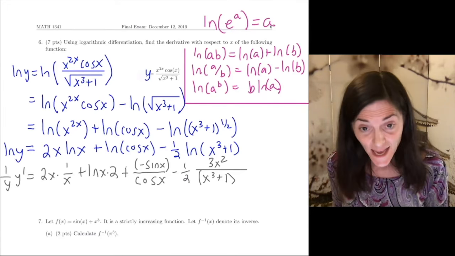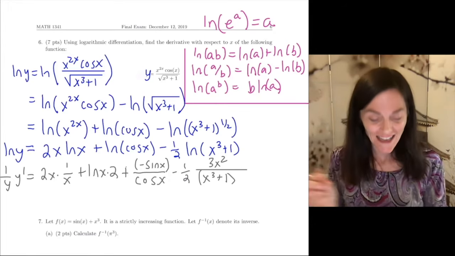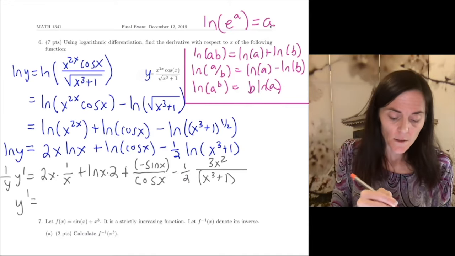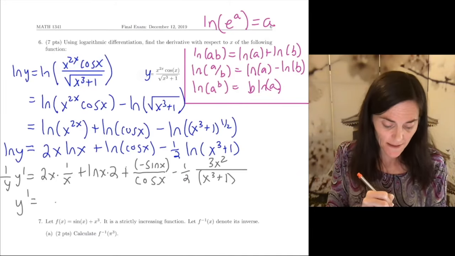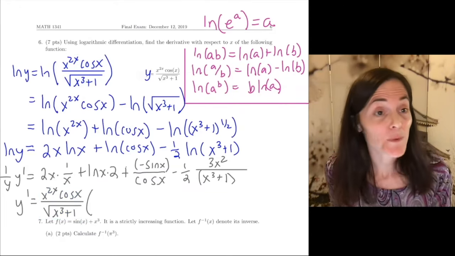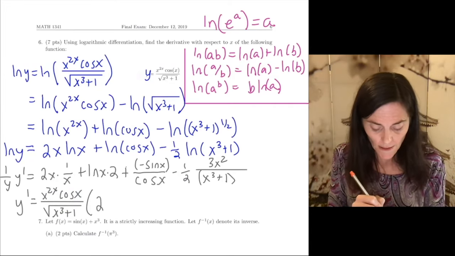Now, the final step in logarithmic differentiation, we multiply through by y, but we want to write this as a function of x. So let me just copy it from here. Here is y as a function of x. I can just recopy everything I see. This is 2, and then plus 2 ln x.